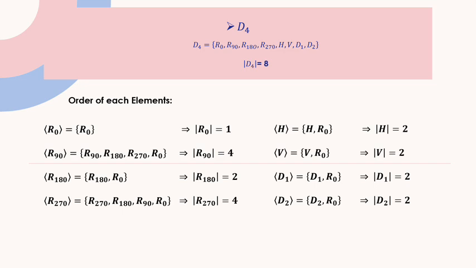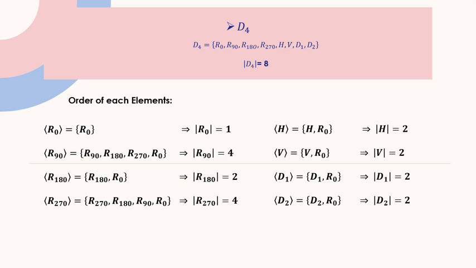For R sub 270, the elements under R sub 270 are R sub 270, R sub 180, R sub 90, R sub 0. Therefore, the order of R sub 270 is equal to 4.